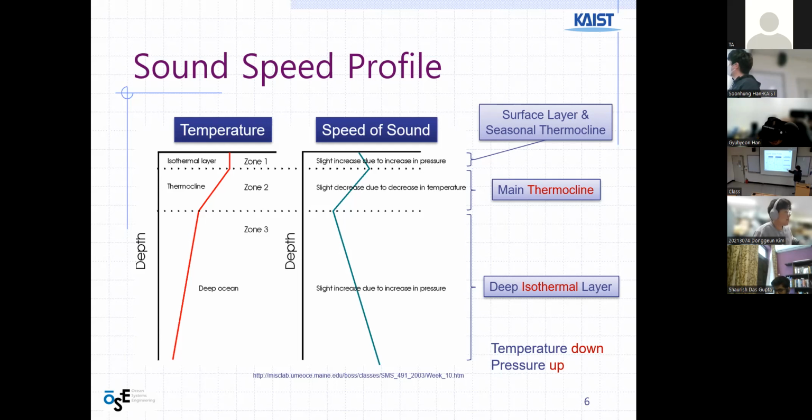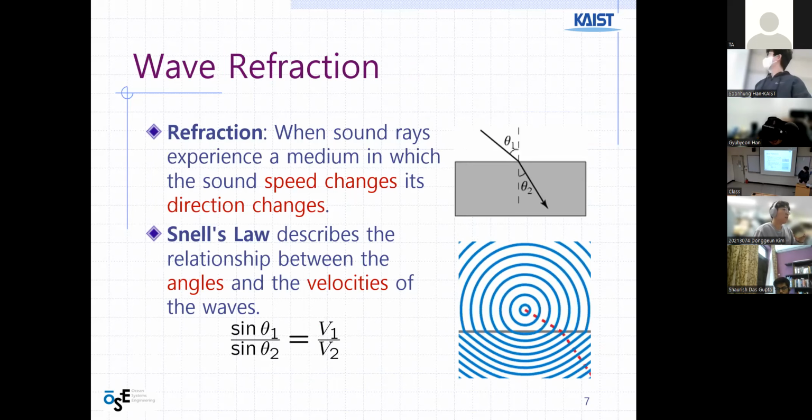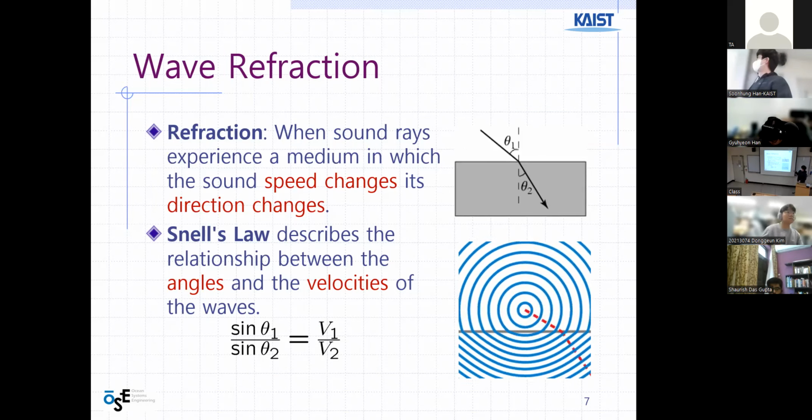So it divides into 3 layers, and it makes some different sound speeds. Sound is also a wave, so refraction occurs.